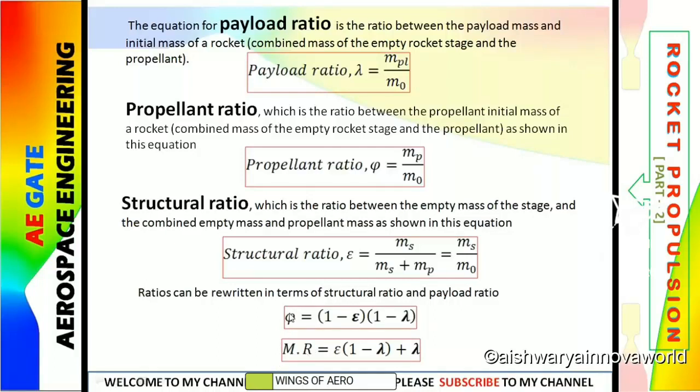Phi or tau, in some books they have written phi, some books tau. The symbol doesn't matter, just remember how they are connected. The mass ratio is equivalent to 1 minus the propellant ratio. So once you know that, you can write it another way: 1 minus epsilon times (1 minus lambda), or you can write it in this way.